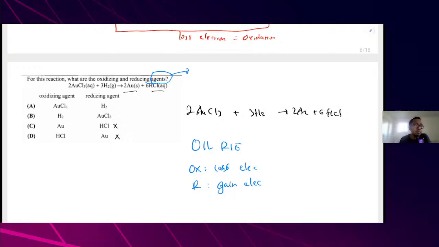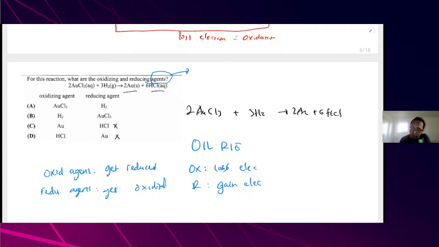So remember, in a redox reaction, one substance loses and the other gains. But remember the key: the oxidizing agent is the one that gets reduced, and the reducing agent is the one that gets oxidized.